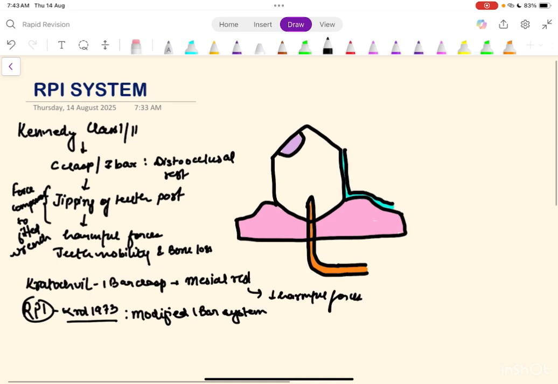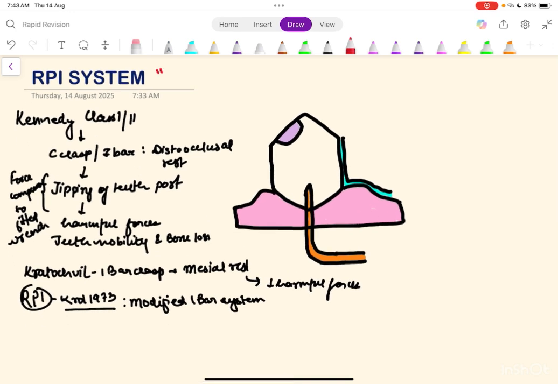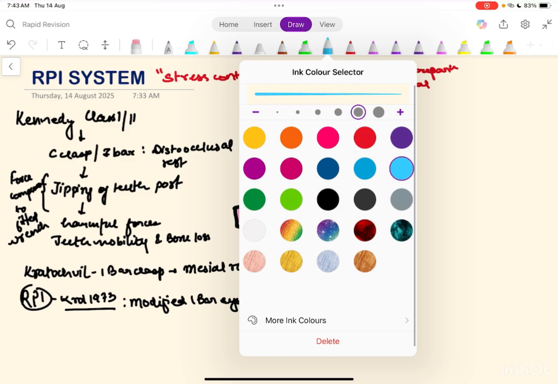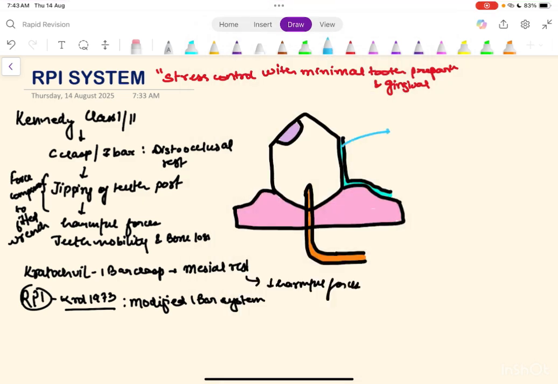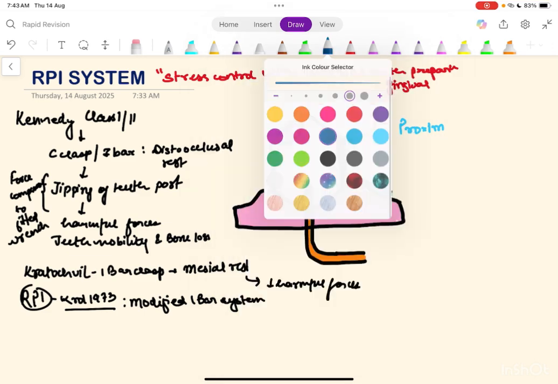So the main ideology is stress control with minimal tooth and gingival preparation. Now let's understand the parts of an I-bar RPI system. First of all, you can see that this particular thing is a proximal plate.